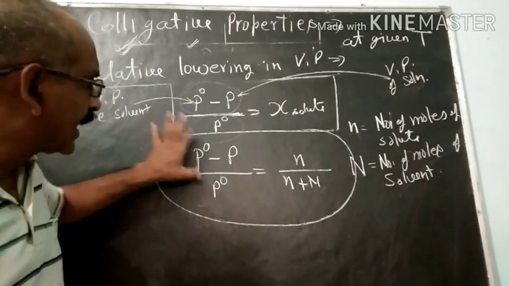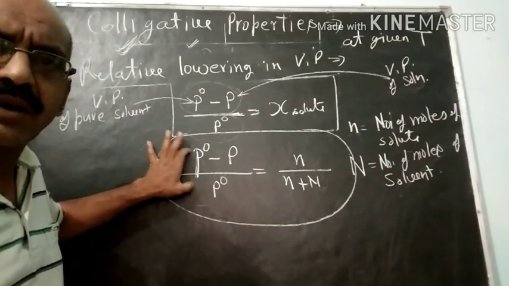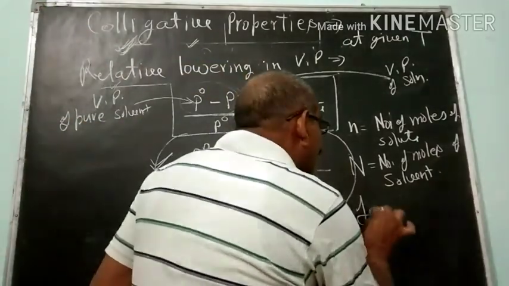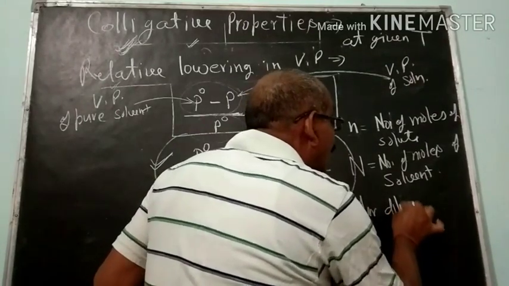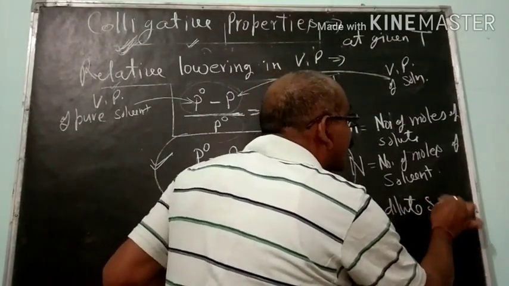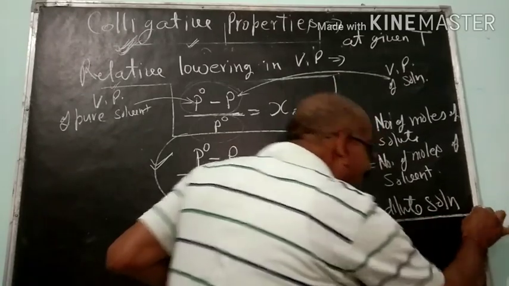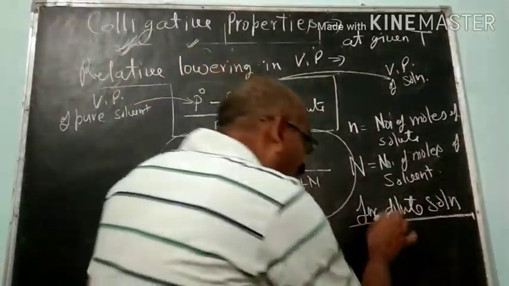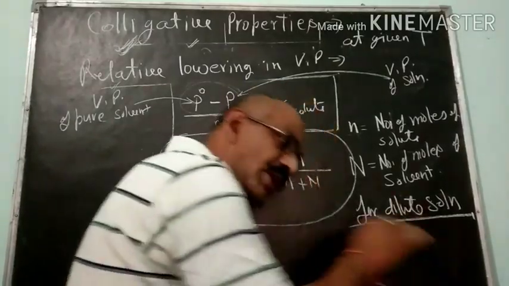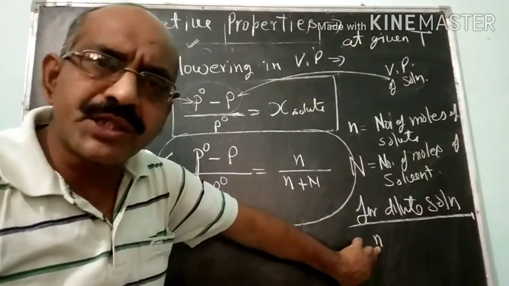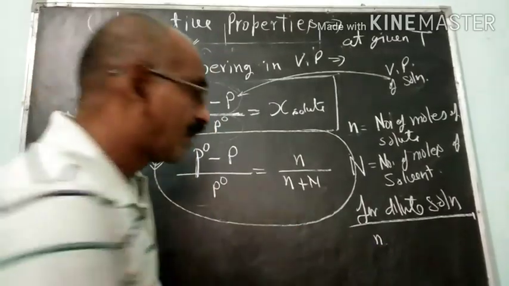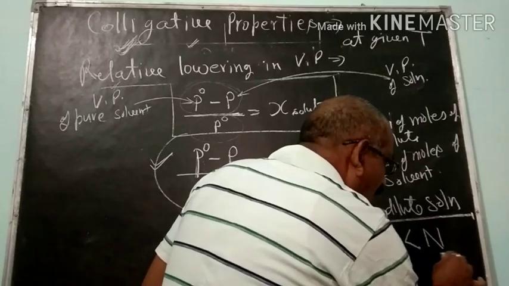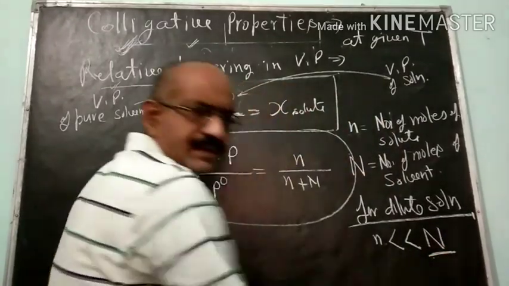इस कारण relative lowering in vapor pressure is a colligative property. Now you know, for dilute solution, अगर solution बहुत dilute है तो in dilute solution जो number of moles of solutes हैं are very very less than the number of moles of the solvent.